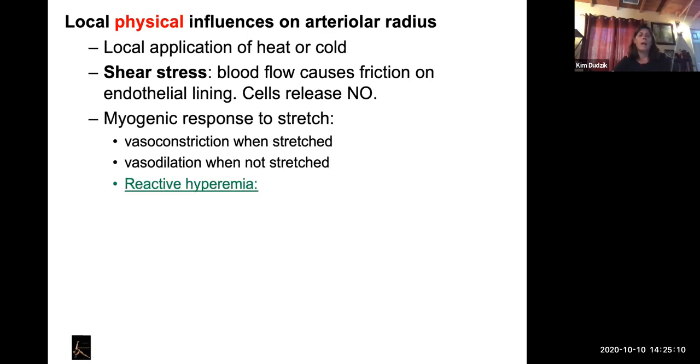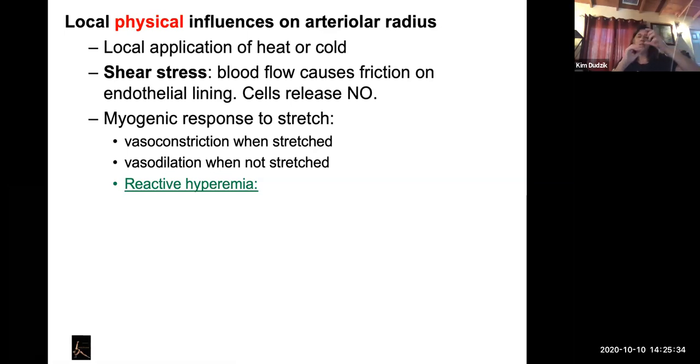Okay. A myogenic response to stretch has to do with, myo means the muscle, and it has to do with the smooth muscle cells stretching themselves. Okay, so when there's more blood flow coming in, remember they're going to stretch. It's going to push pressure on the wall of the arteriole. There's a little bit of elastic tissue there too, so they stretch.